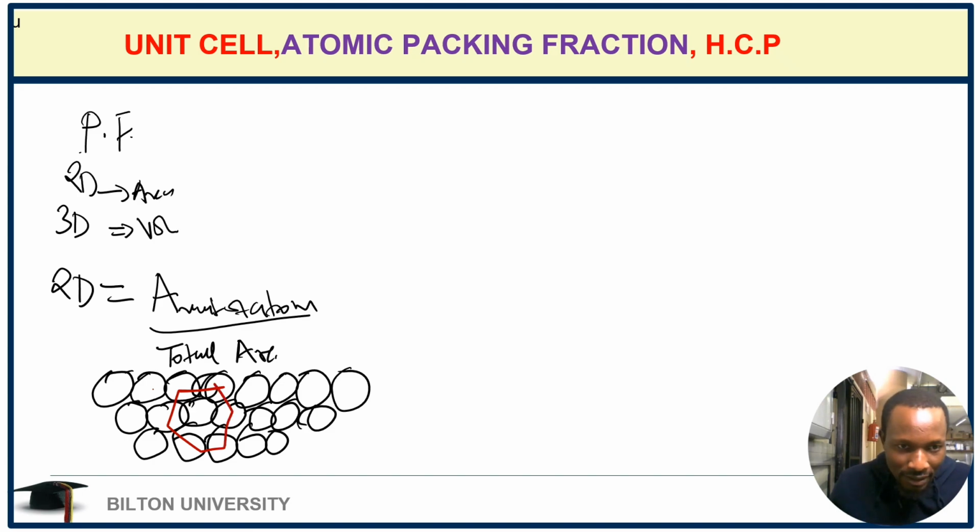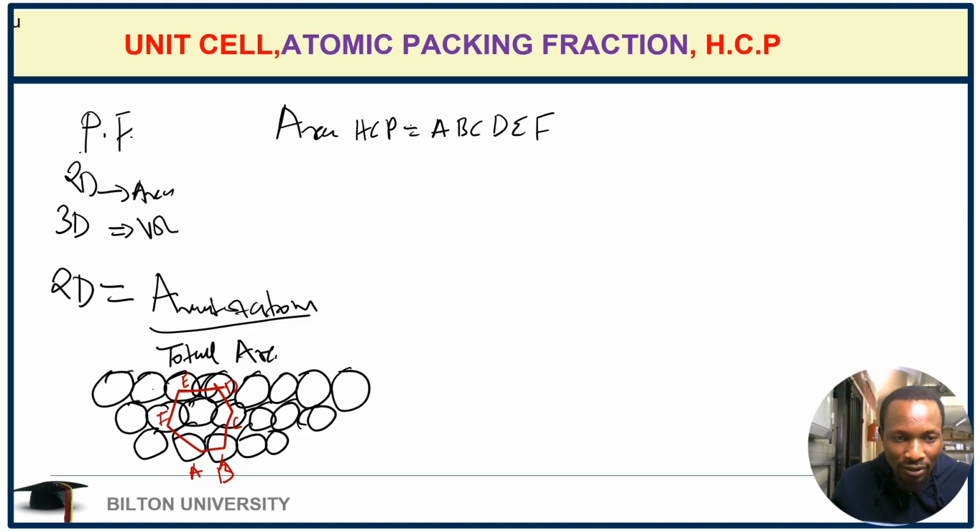You can see these atoms, we can name them A, B, C, D, E, F. So it means that now the area of H.C.P is A, B, C, D, E, F, because it is the area of the 6 atoms.